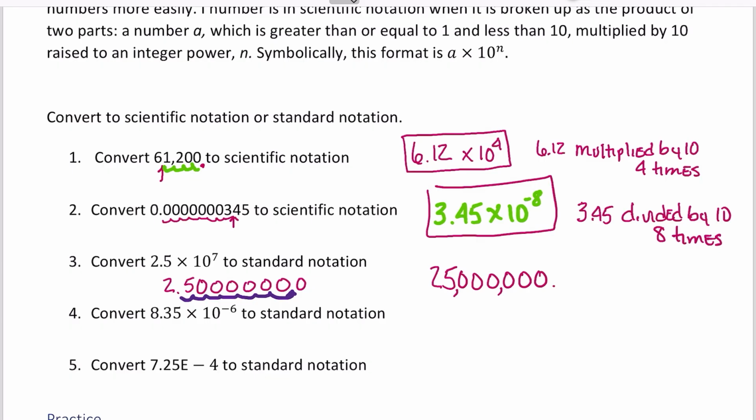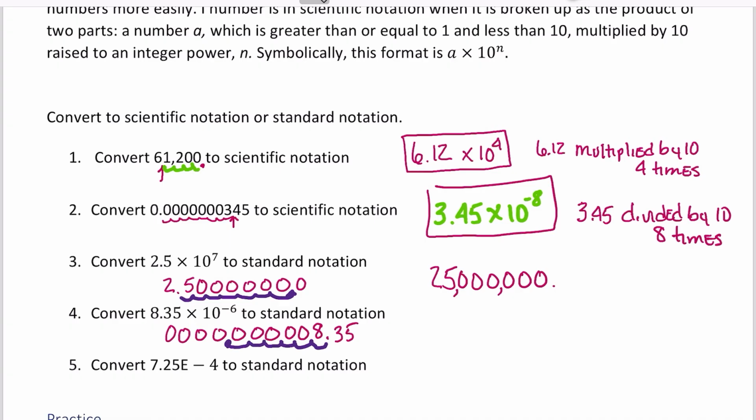Here's 8.35 divided by 10 six times. If I'm dividing by 10, I'm going to have a small number. I'll put some zeros down with my 8.35 and count: I divide by 10 six times, 1, 2, 3, 4, 5, 6.